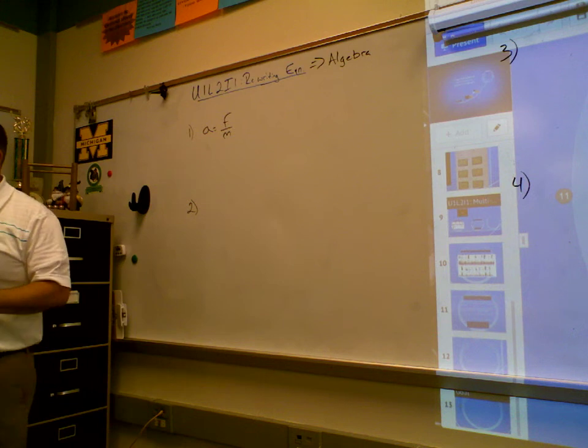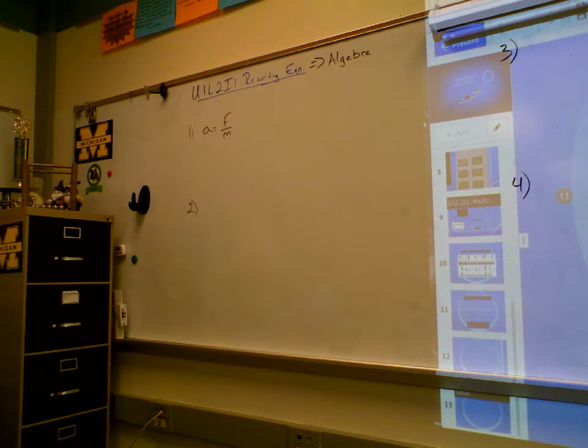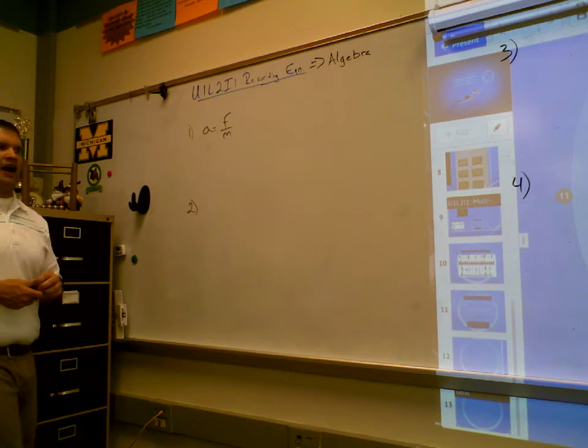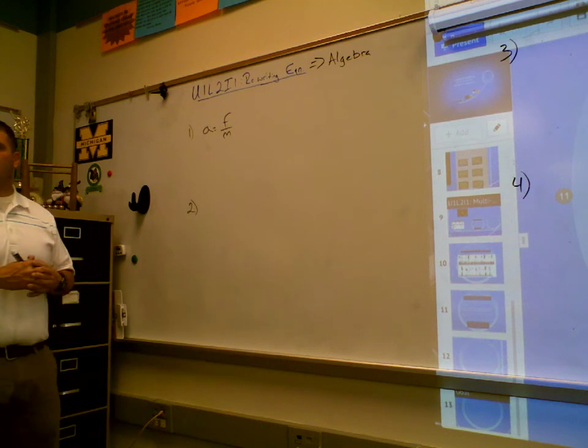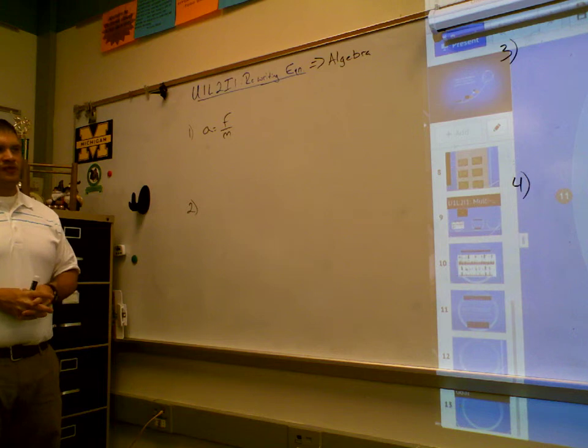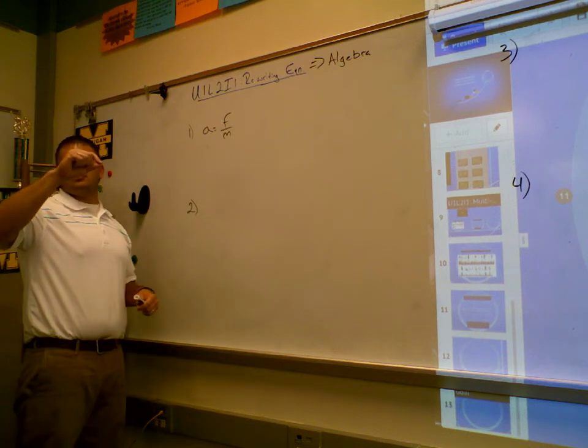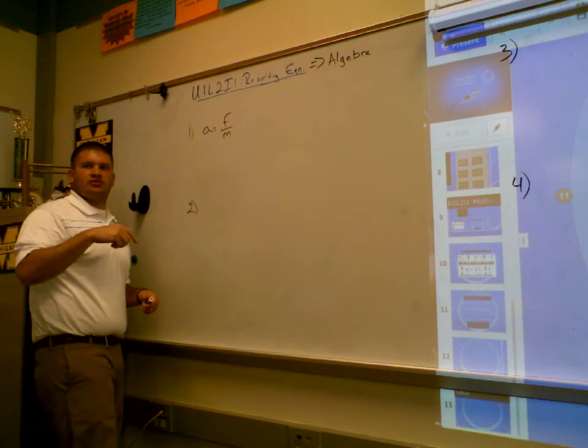Now the next one says momentum and mass are directly related, and velocity and momentum are directly related, right? It says the momentum of any object is directly related to the mass and velocity of the object. So what does this equation look like? Okay, remember, momentum is P, right? Which was on our chart from yesterday.